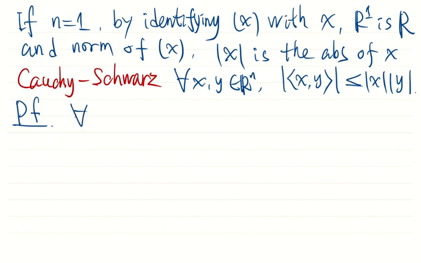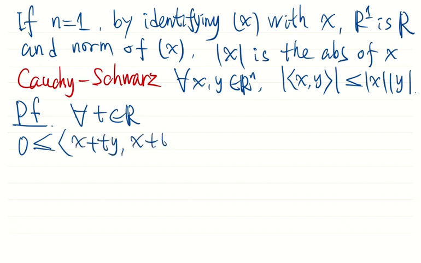For any real number t, by the property of the scalar product, we have the scalar product of x plus ty with x plus ty is non-negative. We expand the right hand side.